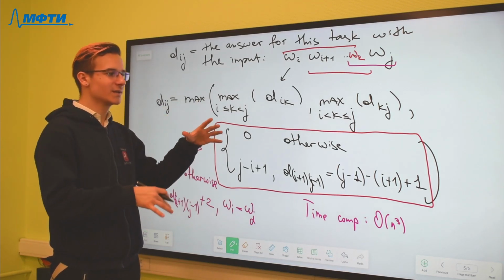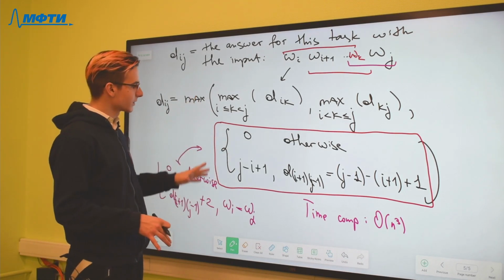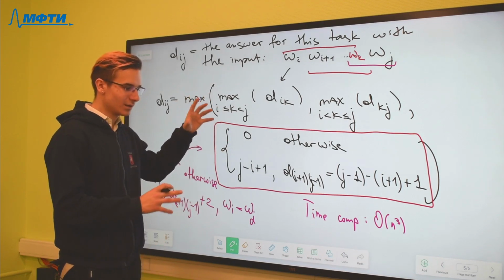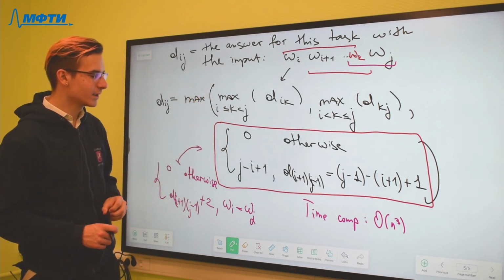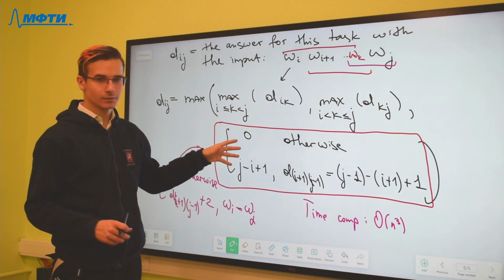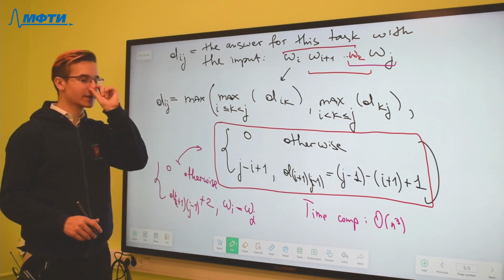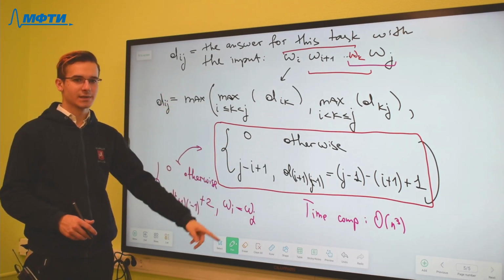But if you have an abstract structure or abstract data that explains your solution, for example, for dynamic programming, in every task we have a recursive formula and we have subtasks.